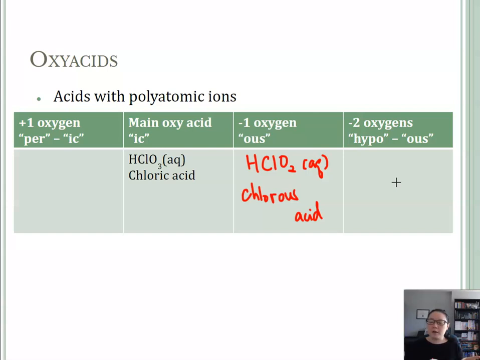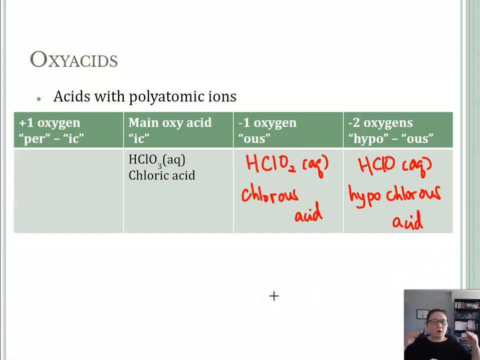Now, when you have your hypo-ite ions, so in this case we're going to have your ClO with one oxygen. If you have your hypo-ite ion, and that is an acid, then what you do to the name is you add hypo to the beginning, you keep the ending as -ous, and then you add the acid on the end.